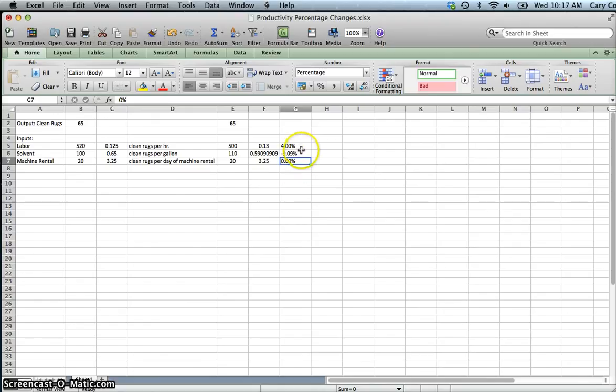Well, that's not really the whole story, because you see that we actually improved in labor 4%. We went down in solvent 9%. And so that's one of the drawbacks of doing multi-factor. So it's always preferred to do each of these individually, even if we had them in dollar amounts and not in labor hours and gallons and machine rental days.